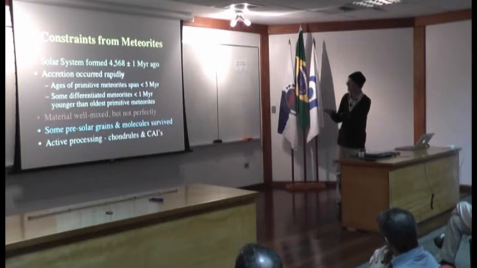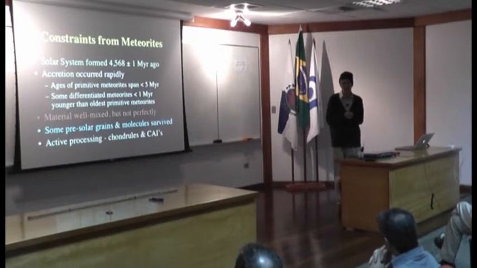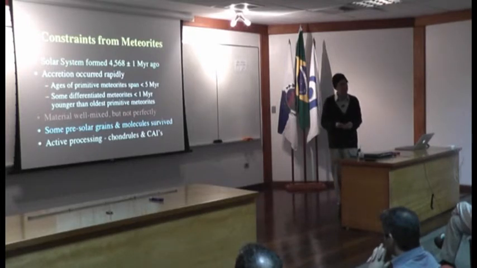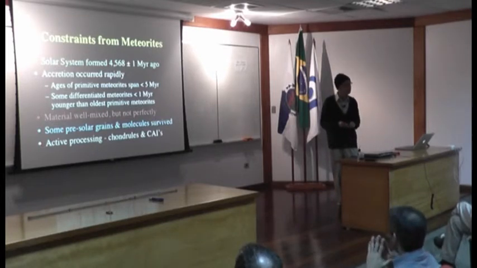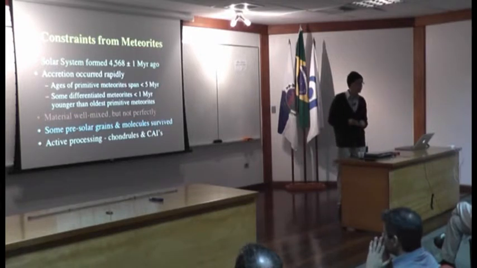Precision is about 1 million years, and that is less than 0.1% uncertainty. The oldest things are these very high temperature calcium-aluminum inclusions, which are a few millimeters to centimeters in size, very refractory things found in some of the most primitive meteorites.